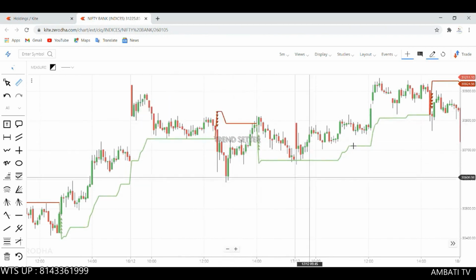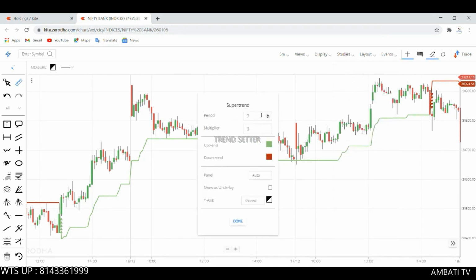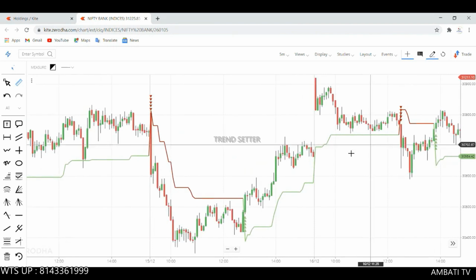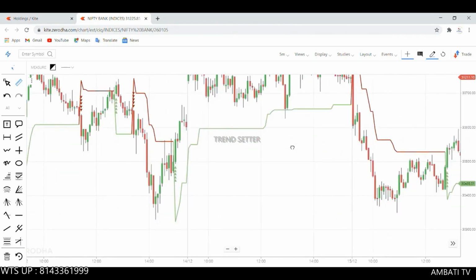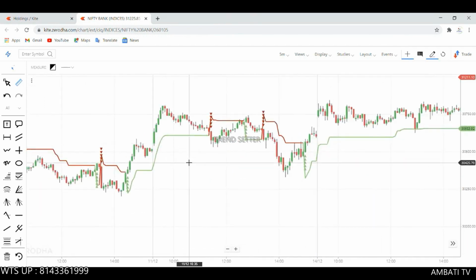I have to change the value, so I will click on studies again, click on super trend, and the period should be 12. All things will be the same, and we need to click on done. So as you can see over here, now these are the super trend signals.